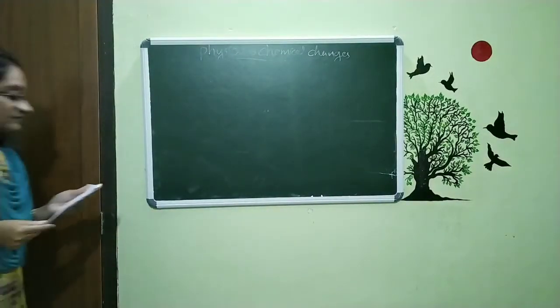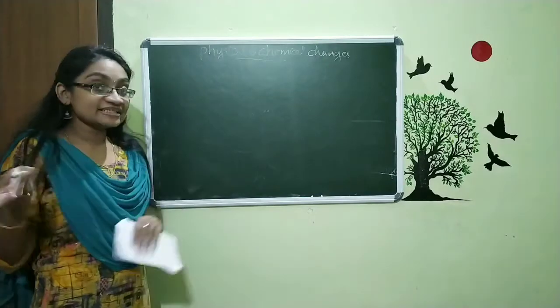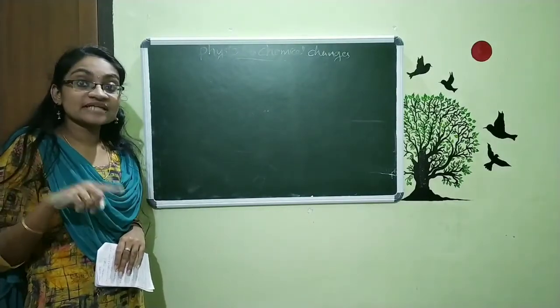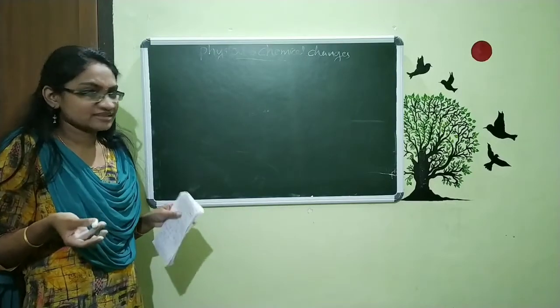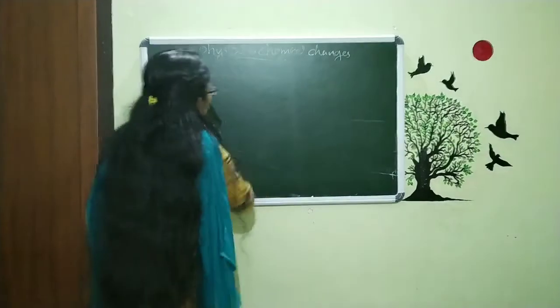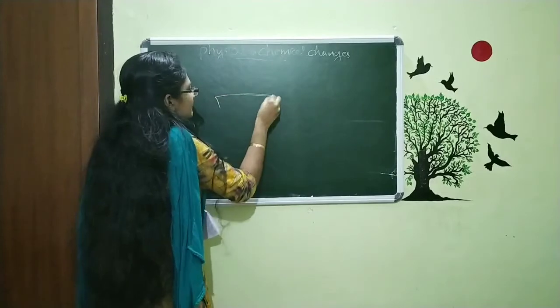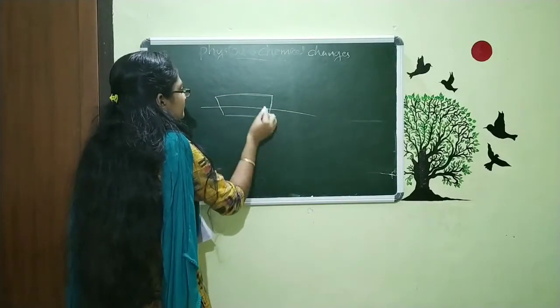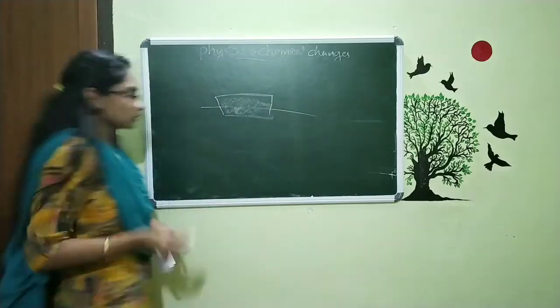So that is the thing, and we already said that we make ships using iron. And we said that with the interaction of water and oxygen, it gets rusted. This ship is always in water, and most of the ship is under the water also.